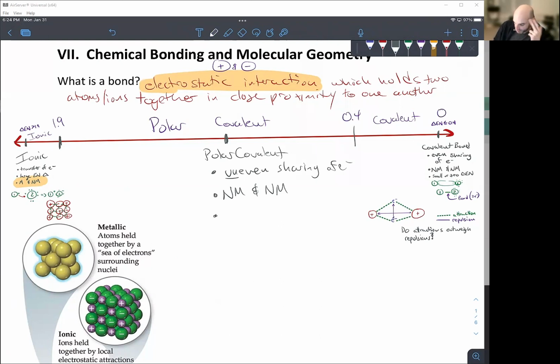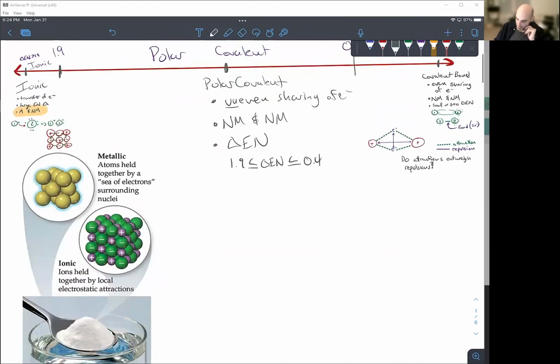And there is a delta En. Okay, it's not small or large, it is in between. The delta En is in between those two. So less than 1.9 delta En, but greater than 0.4. That's the electronegativity difference.